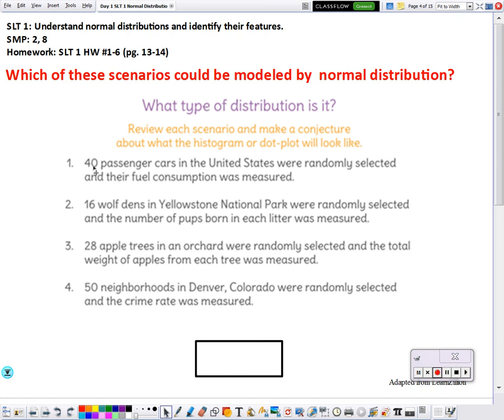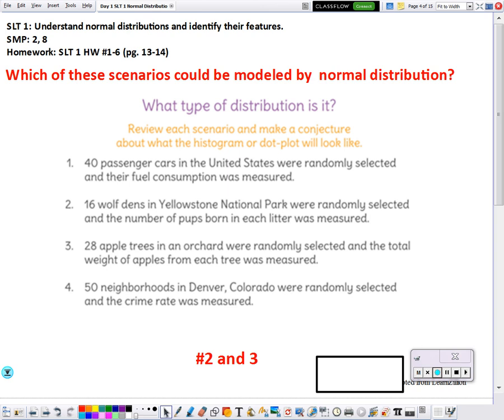We have 40 passenger cars in the U.S. are randomly selected for their fuel consumption and measured. 16 wolf dens in Yellowstone National Park are randomly selected, and the number of pups born in each litter were measured. 28 apple trees in an orchard were randomly selected, and the total weight of the apples from each tree were measured. And 50 neighborhoods in Denver, Colorado are randomly selected, and the crime rate is measured. If you guessed scenarios 2 and 3, you were correct.